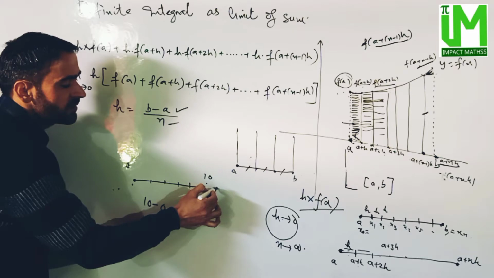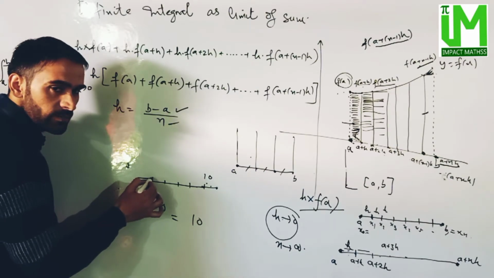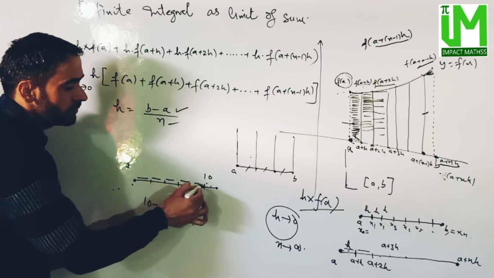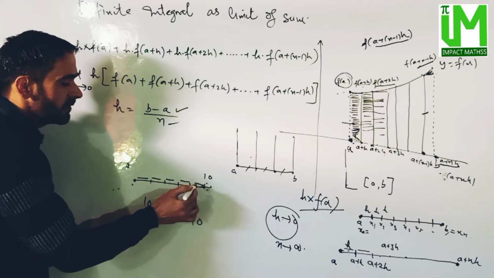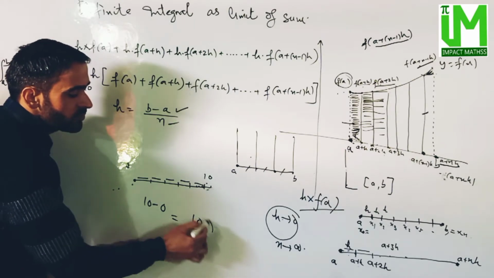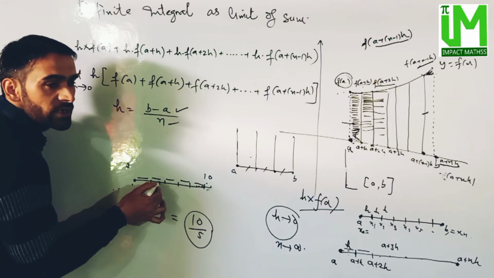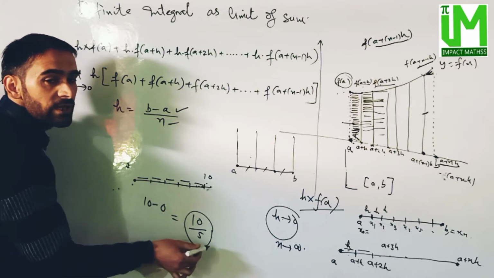Then each part has a length of 2 centimeters. So 10 divided by 5 gives 2. The size of the interval is the total length divided by the number of parts.